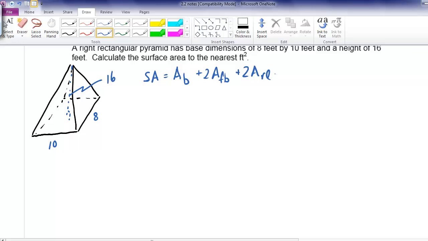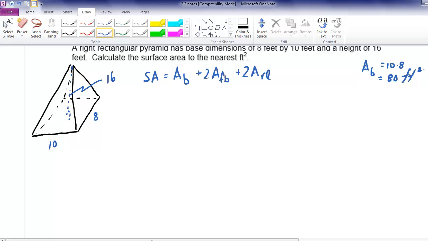Now the area of the base is straightforward. I'll just make a little note over here. The area of the base is equal to 10 times 8, which is 80 square feet. Really straightforward calculation.